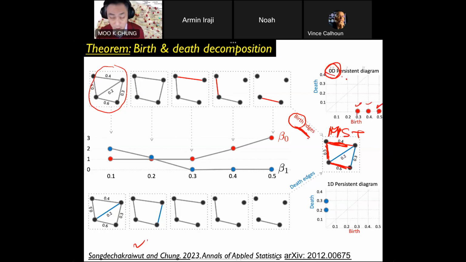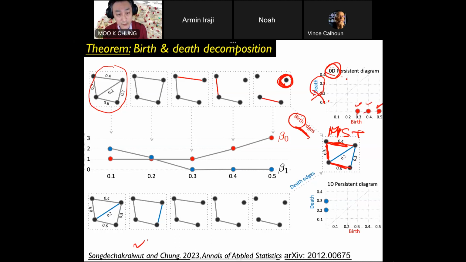What about the death? Once something is born, it will not die. Okay? A component that is born here will be there forever. So there's no death value. So we can just tabulate this into points on the horizontal line like this, ignoring the death value.